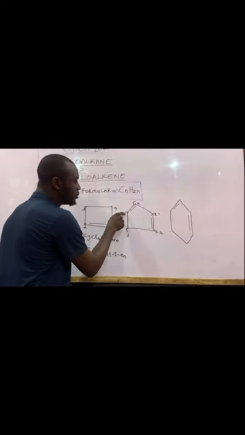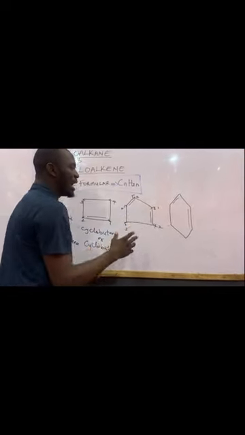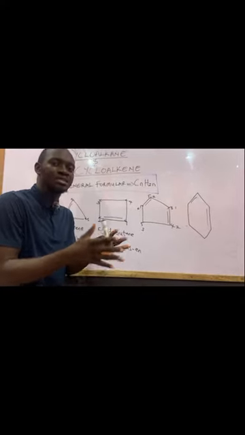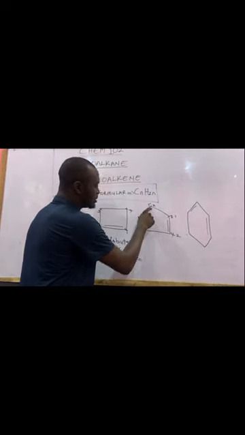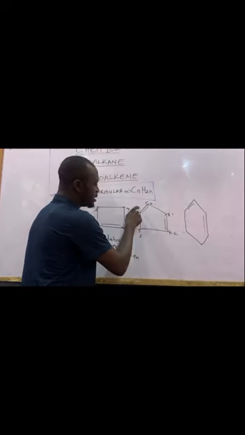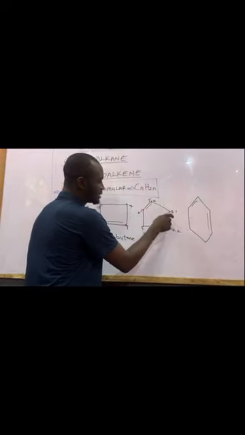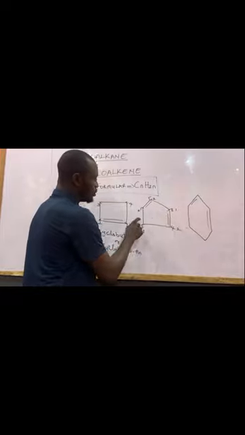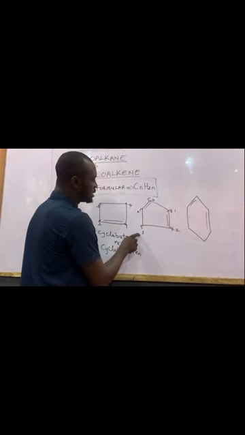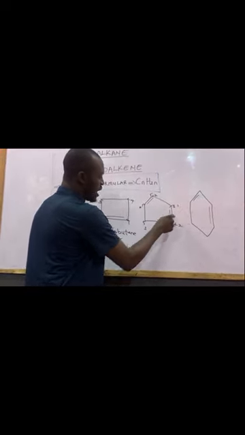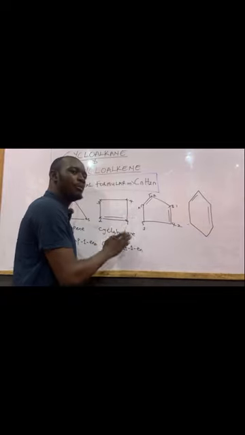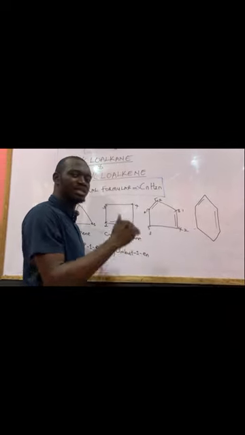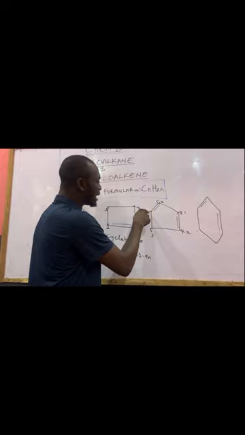But if you start from here, 1, 2, 3, both will have the minimal lowest numbers. For example, we start from here, 1, 2, 3, 4. Here you are having 1, 3. What if you start from the other side, 1, 2, 3, 4, 5? Here you're having 1, 4. So what is the lowest? 1 plus 3 and 1 plus 4. Which one is the lowest? 1 plus 3. So we'll start from here.